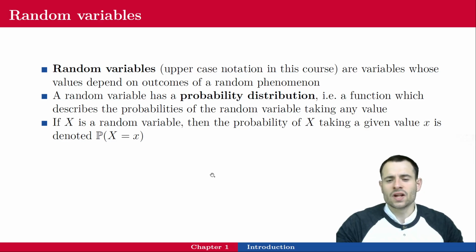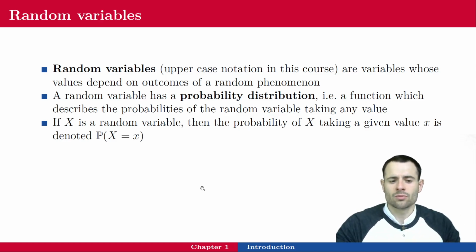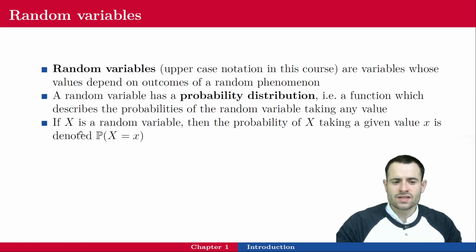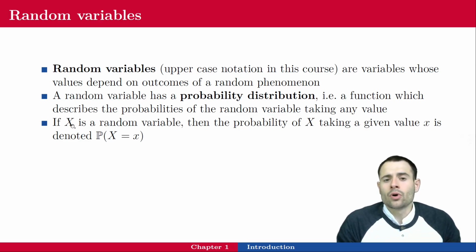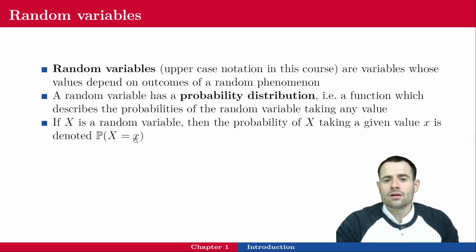This is just standard notation. You can use a regular big P. That's understandable. So for instance, if X is something like the number on a die, then the probability that the number on the die is equal to small x, like 1, this probability is equal to 1 over 6.